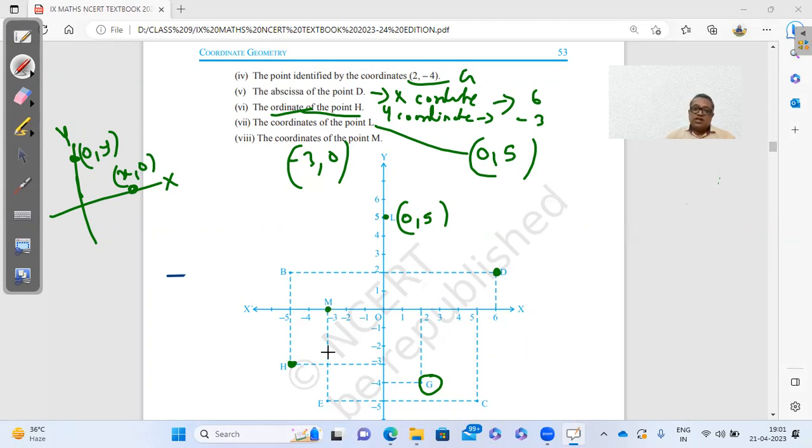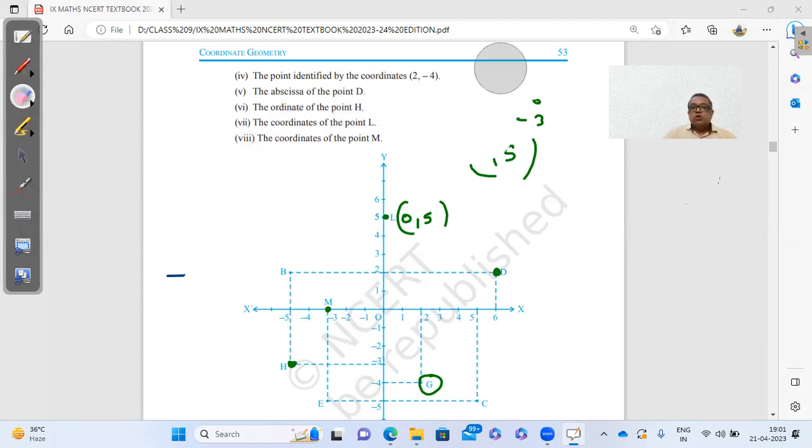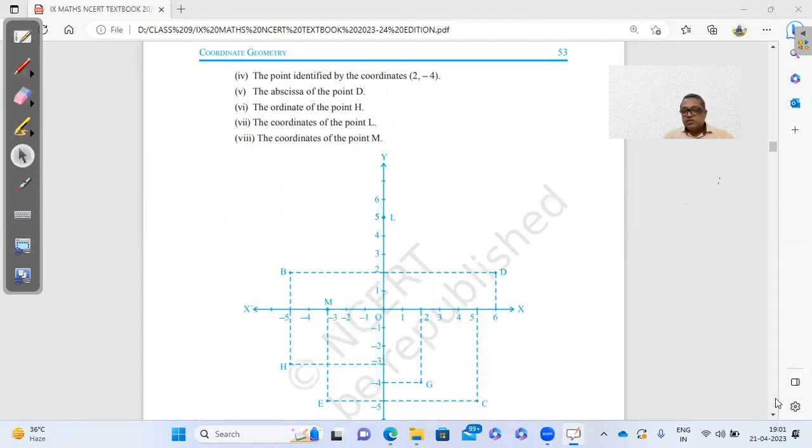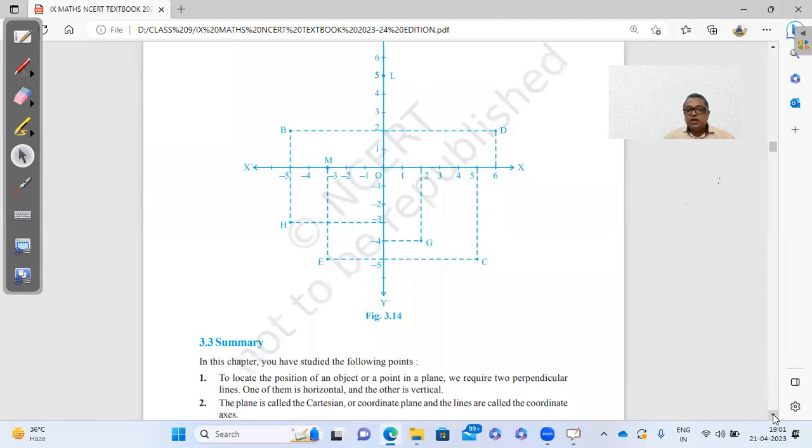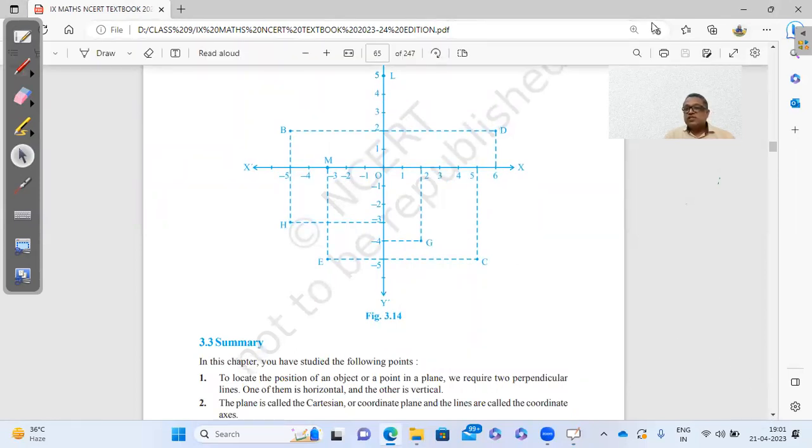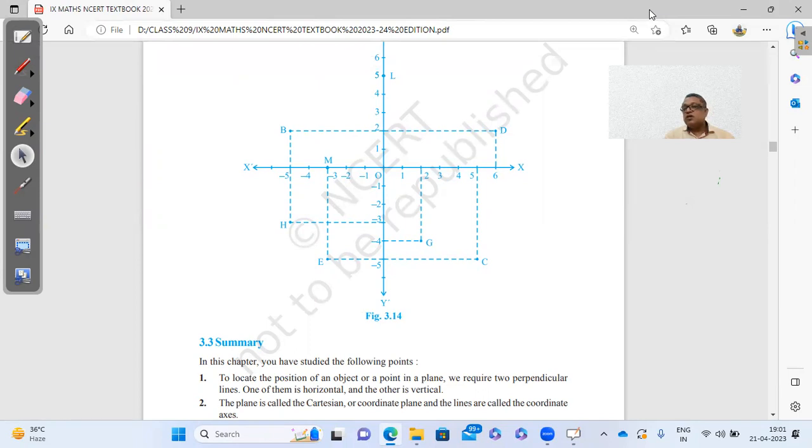So if it is on an axis, one of the coordinates will be 0. Please be very careful with these questions, depending on whether the point lies on the x-axis or y-axis. So that's all that you have to do in the third chapter, the coordinate system or the Cartesian system.